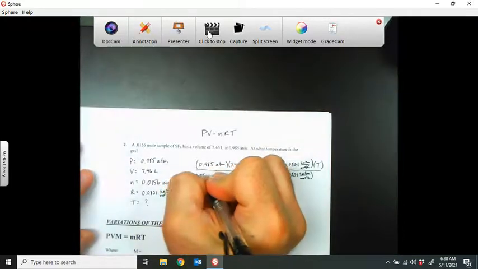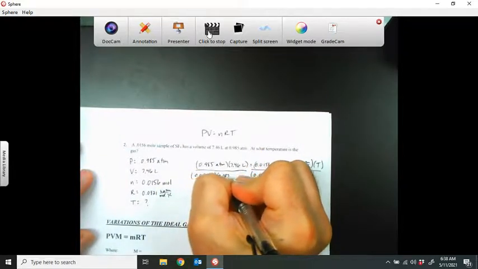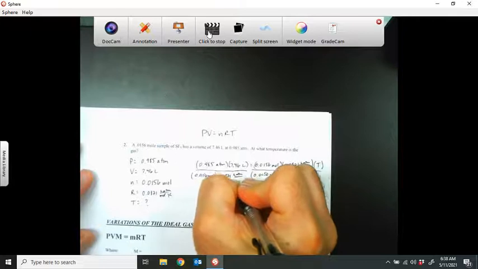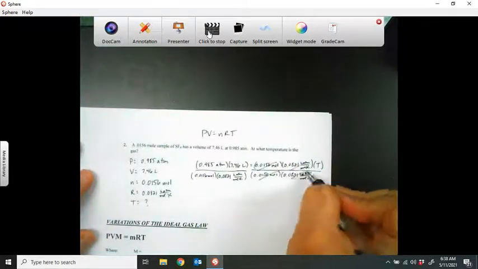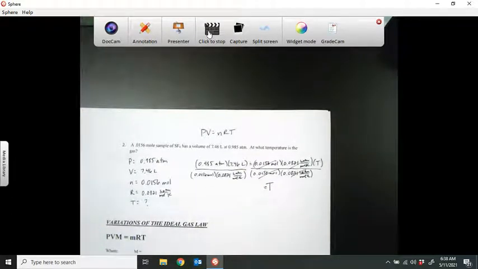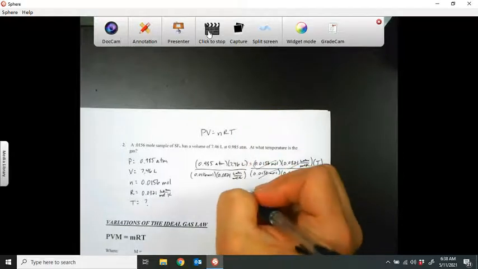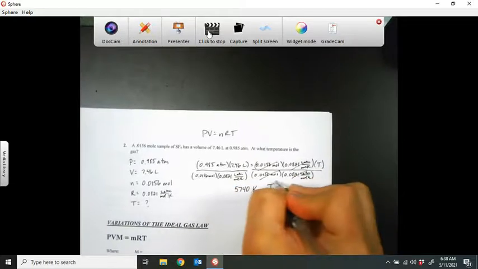So what I do to one side, I have to do to the other side. Crosses out our moles and our R value. We get T by itself. And over here, we put in 0.985 times 7.46, hit equals, and then divide by the 2 numbers in the bottom. And we get a pretty high temperature, 5,740 Kelvin for our temperature.